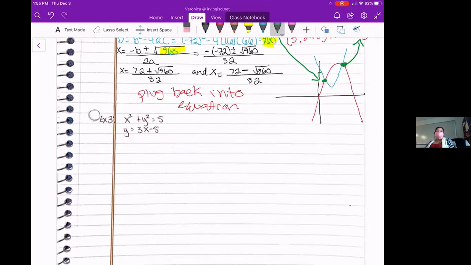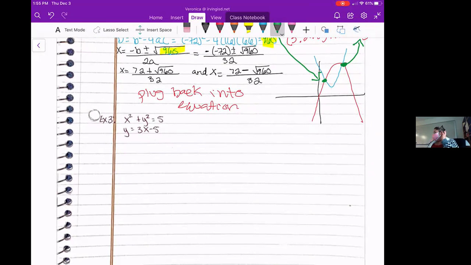Okay, so example 3. Remember I said that today's topic is nonlinear systems, right? So here you should notice something. We have an x squared plus a y squared equals 5. So they're both squared, okay?